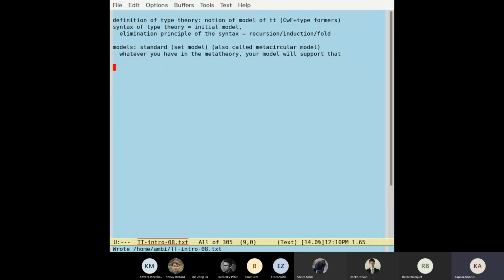For example, if we have booleans in our meta theory, then the standard model supports booleans, because we can just use the meta-theoretic booleans to interpret the booleans in type theory. Whatever our meta theory has, we just get all of those for the object theory.